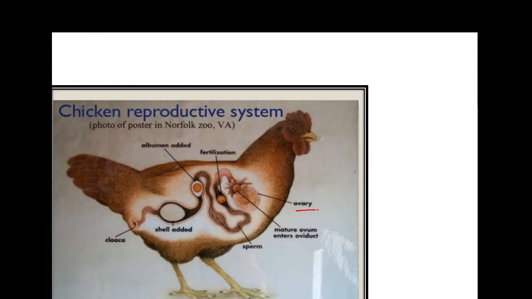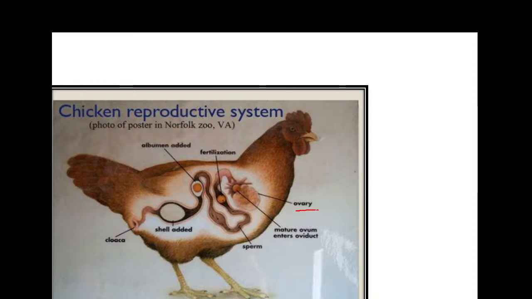It is the left side. In the adult hen, only one ovary and one oviduct is functional. In birds, only one side of the reproductive system is developed in order to reduce the weight of the birds.